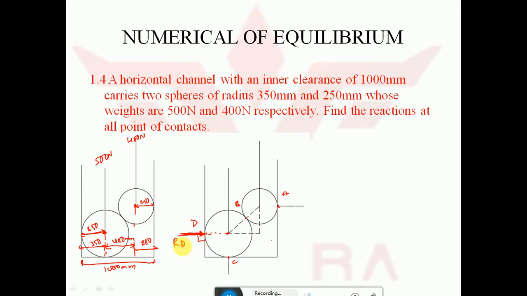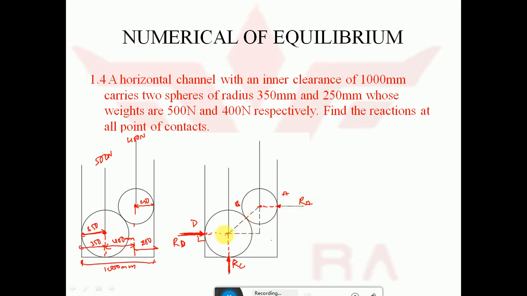This one is also directed toward the centroid, and I will call it RC. Now this reaction RA will be directed toward the centroid of this sphere. I will name it RA.